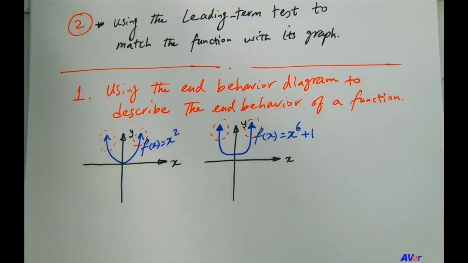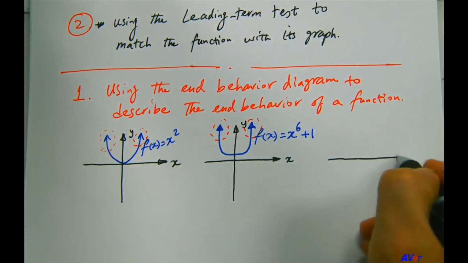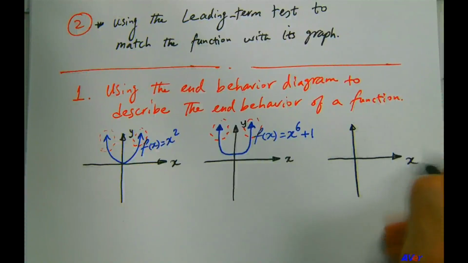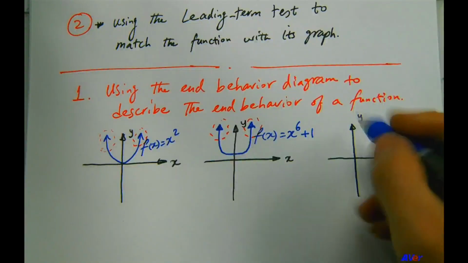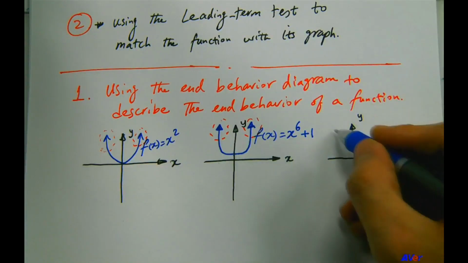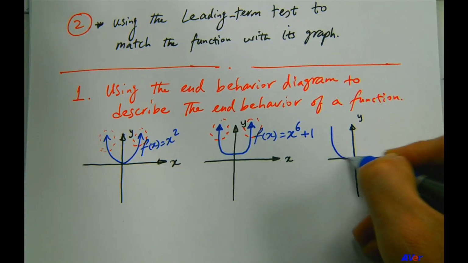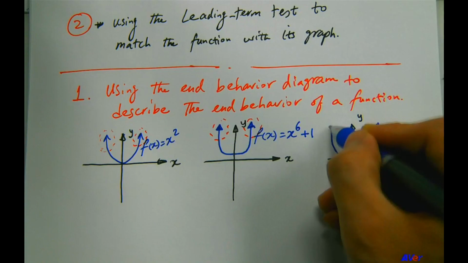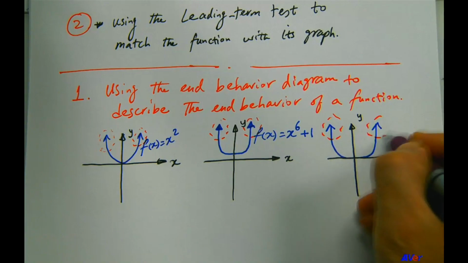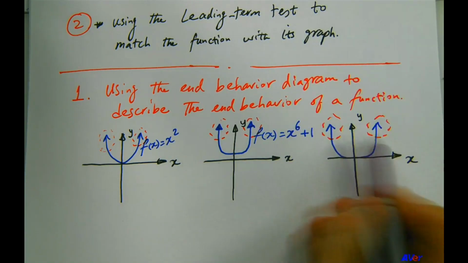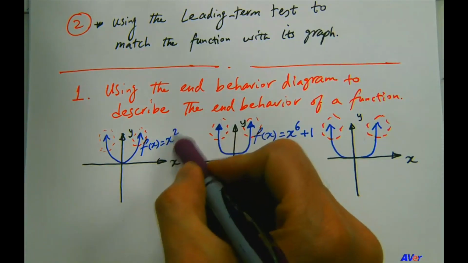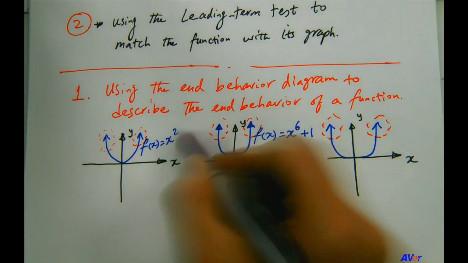So the same way, if we go to a higher power, as long as it's even, let's say f of x equals x to the 10th power, again pay attention to the end behavior, how the end is behaving. Almost like a fork, right? So the end behavior stays the same. Why is that? Because the powers are all even.